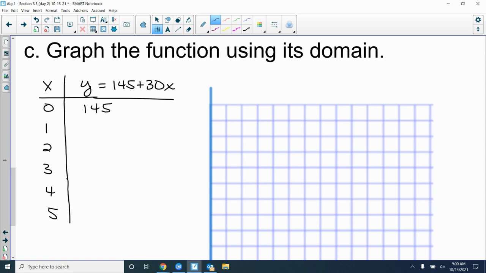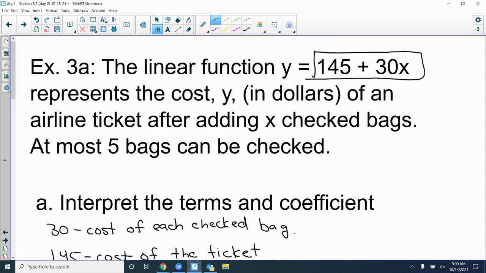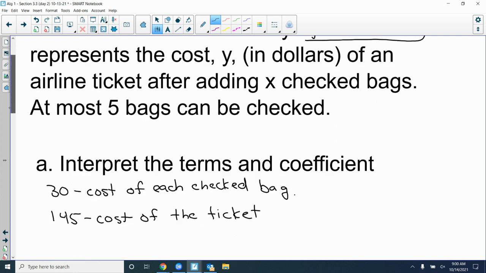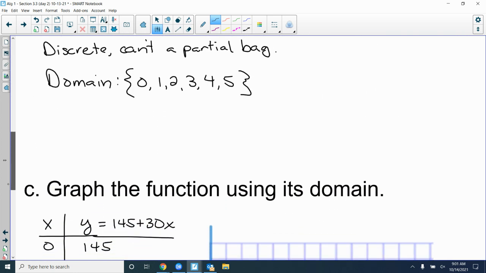Make sure you have this. Starting with 0, then plug in 1, plug in 2, plug in 3, plug in 4, plug in 5.